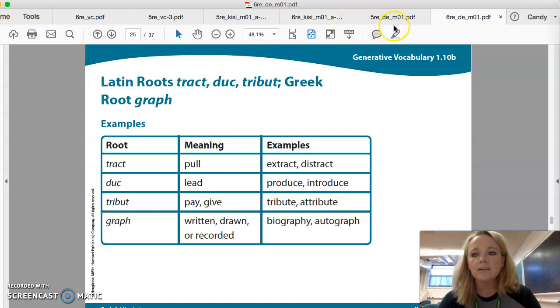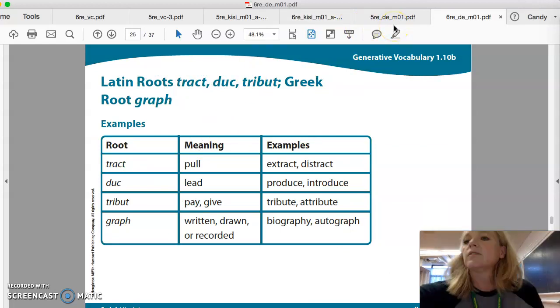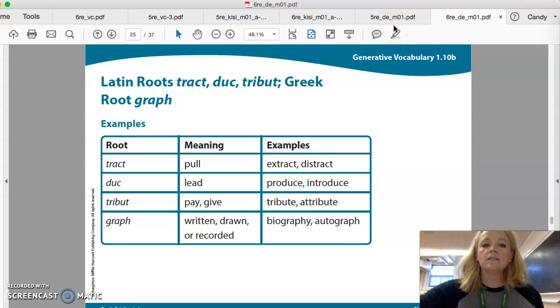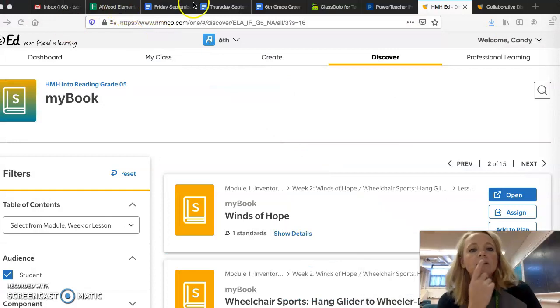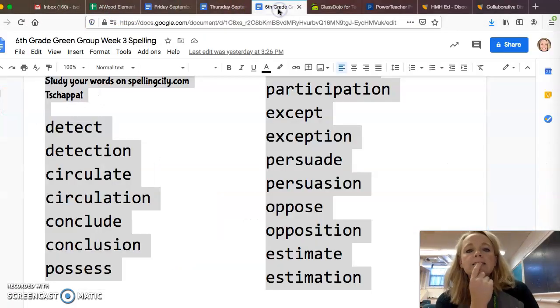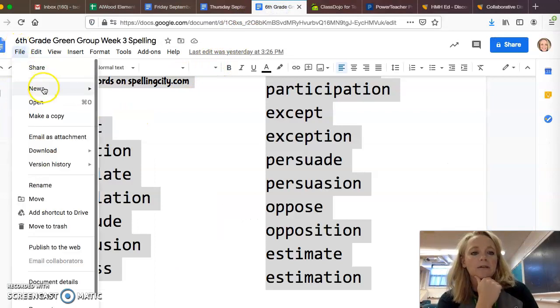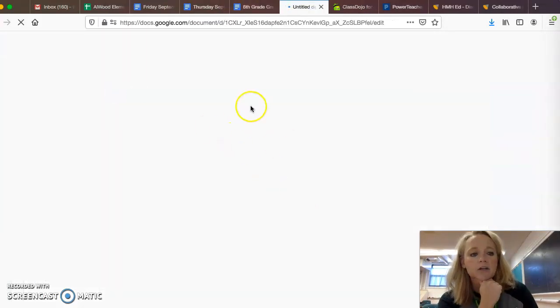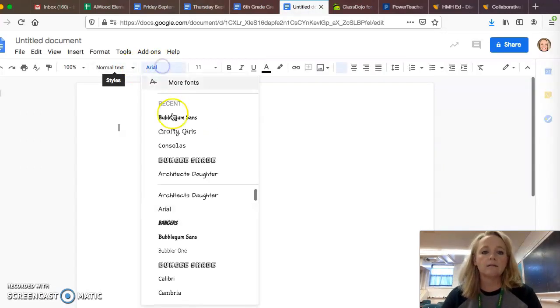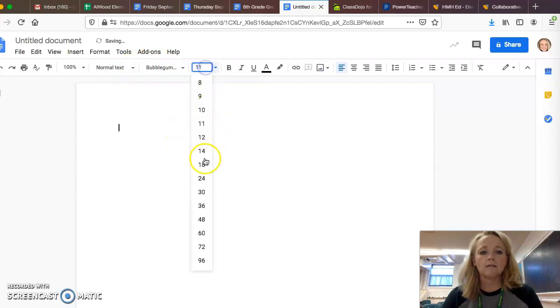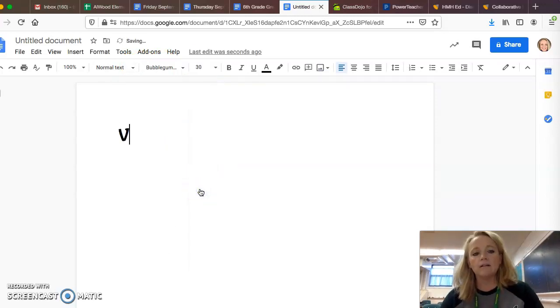The next thing we did was we reviewed vowel, consonant, vowel, and vowel, consonant, consonant, vowel, and how to split those up. So let's see. I'm going to open a new document here and I'll just type it like I'm writing on a chalkboard. So vowel, consonant, consonant, vowel.